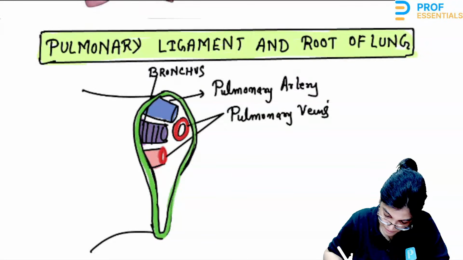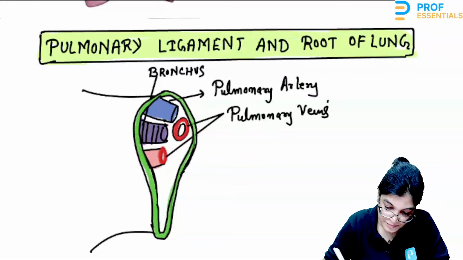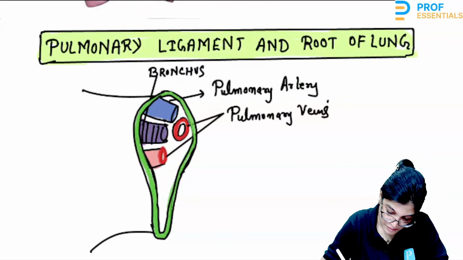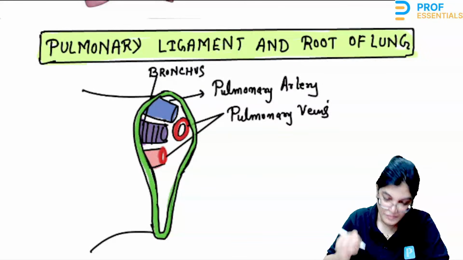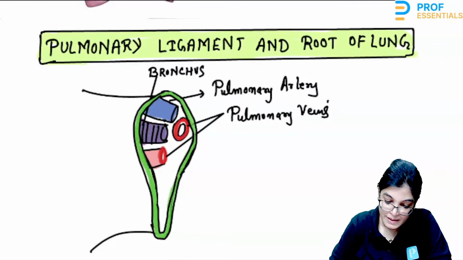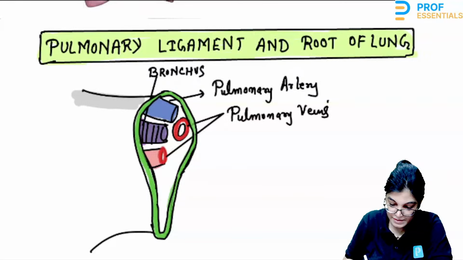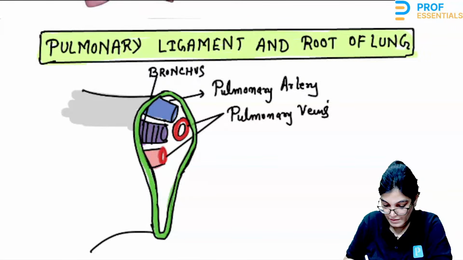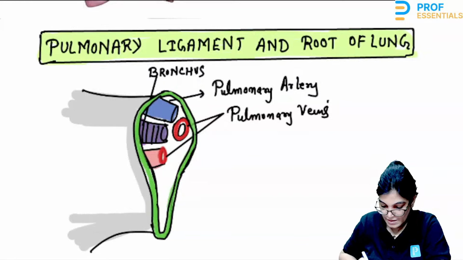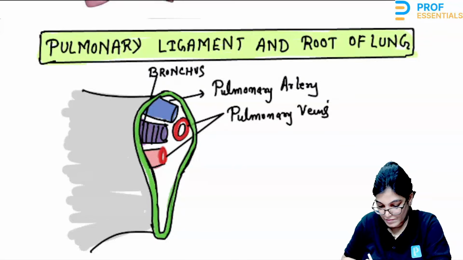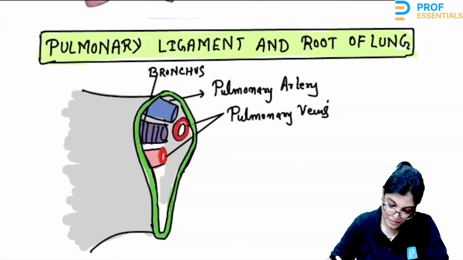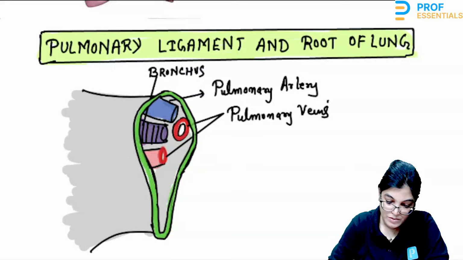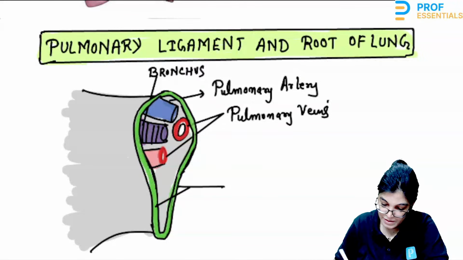Got it? And all other structures which you have drawn can be highlighted with gray color. Got it, my dear? So this structure which is shown here is the pulmonary ligament.